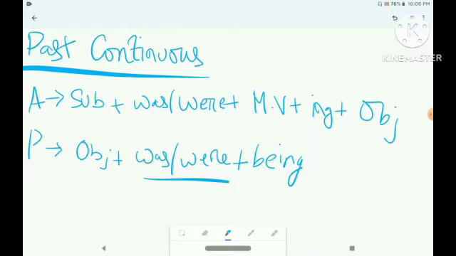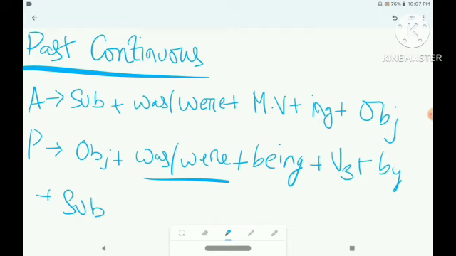Note the changes only. Being plus the third form of the verb plus by plus subject. So easy, right? Just we are bringing changes to the structure of the sentence.